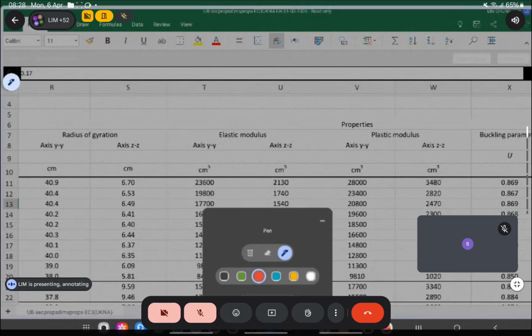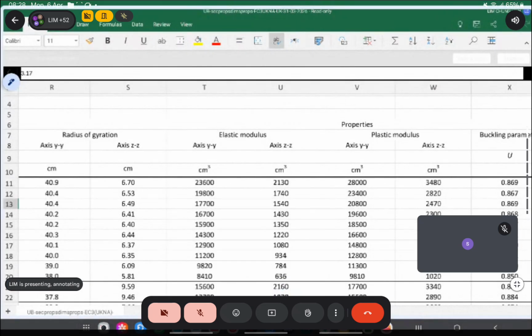Okay, plastic modulus, this is your WPL lah. Ini WPL dia. But it depends whether you do design about the bending about y-axis or z-axis.